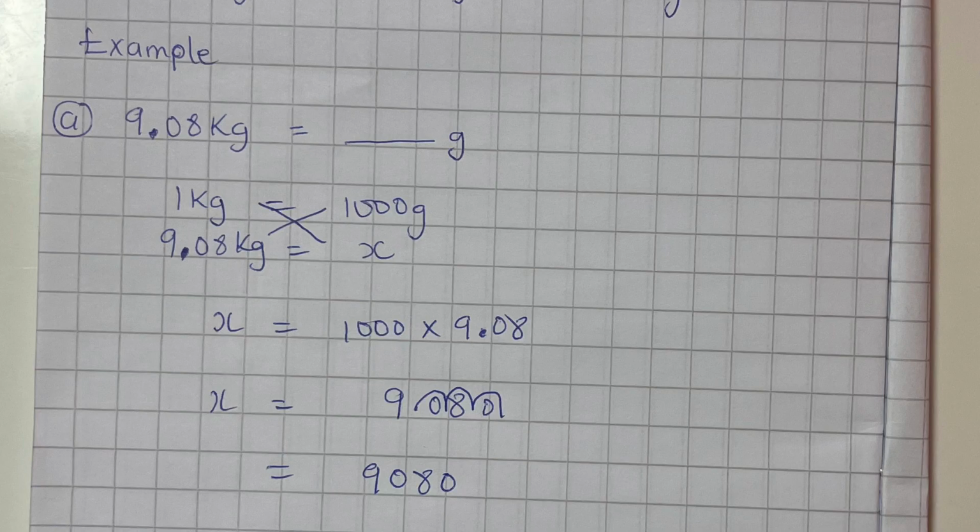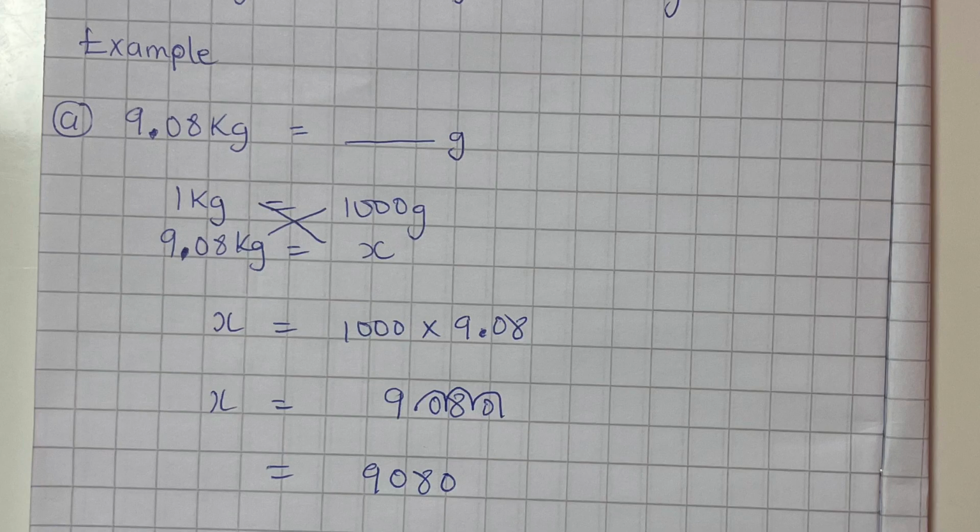Then you cross multiply it, and it gives you your answer, as you can see. When you cross multiply, you multiply 9.08 with 1,000. So if you multiply that, the answer will be 9,080 kilograms.